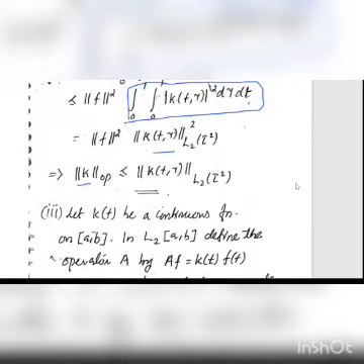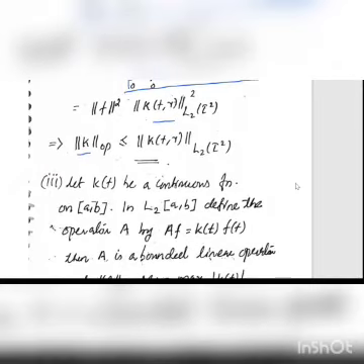Now the third case. Let k(t) be a continuous function on closed interval [a,b]. In L2 of [a,b], define the operator A by Af is equal to k of t into f of t. Sadly, this is small k. So k of t into f of t.